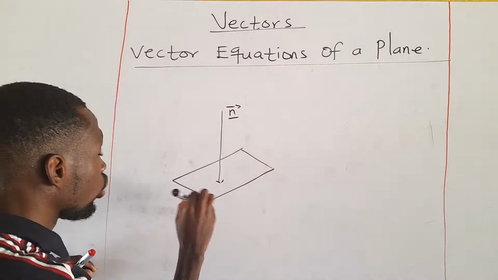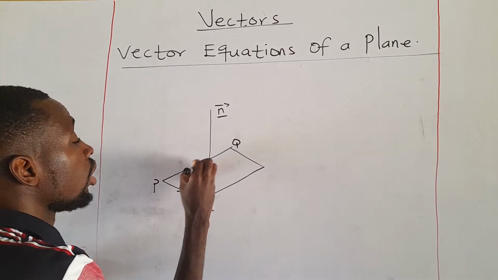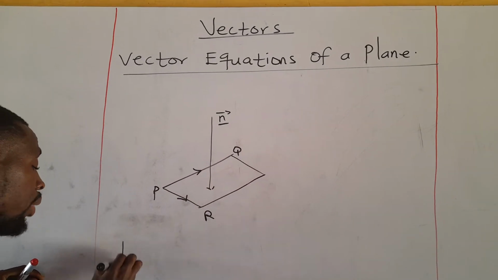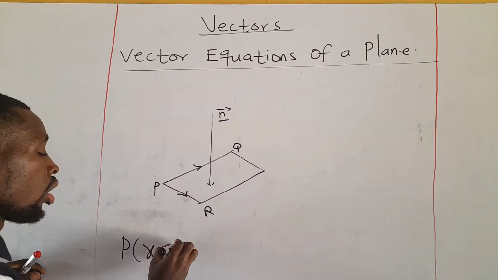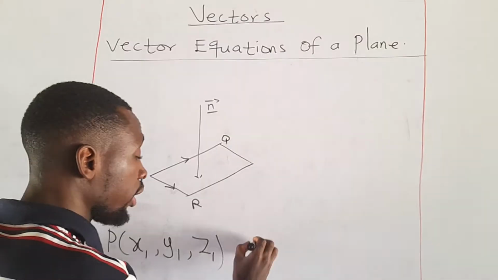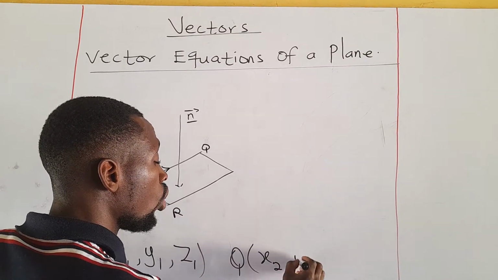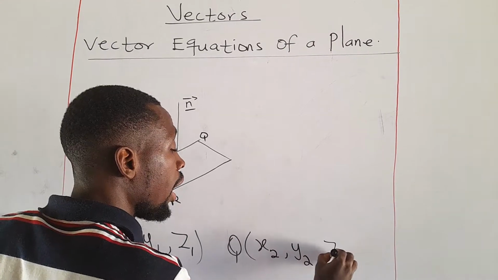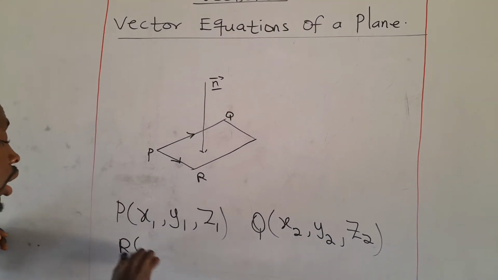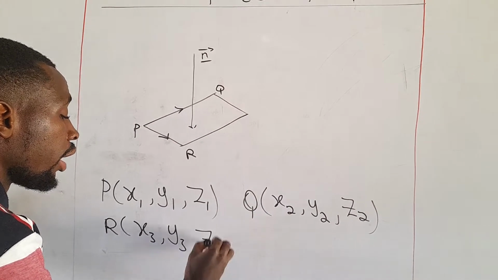If the plane passes through 3 points, P, Q, and let's say R, and the point P is x1, y1, and z1, and the point Q is x2, y2, and z2, and that of R is x3, y3, and z3.